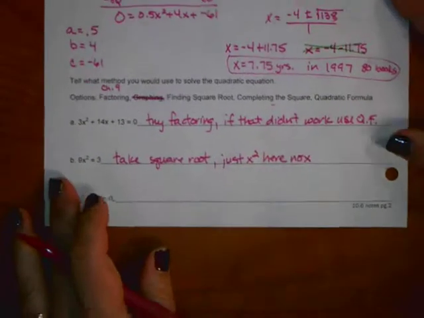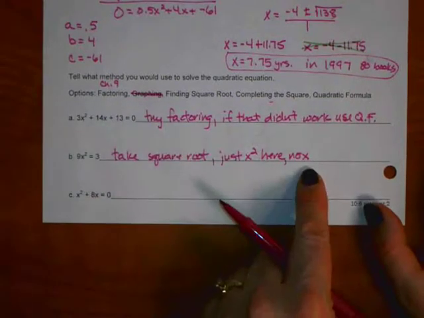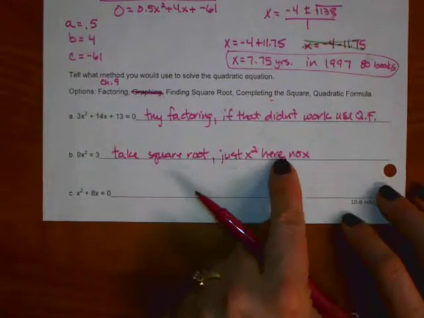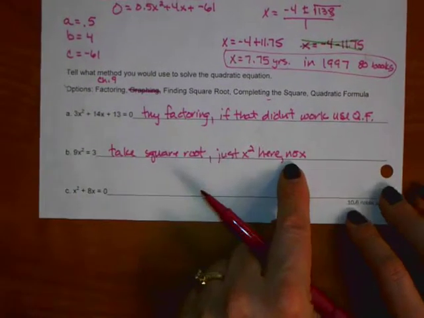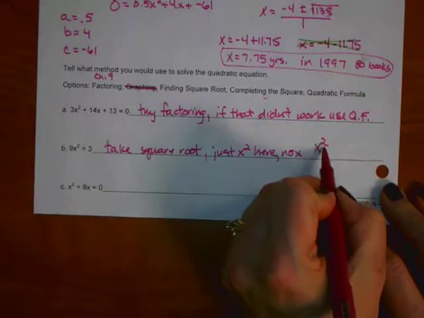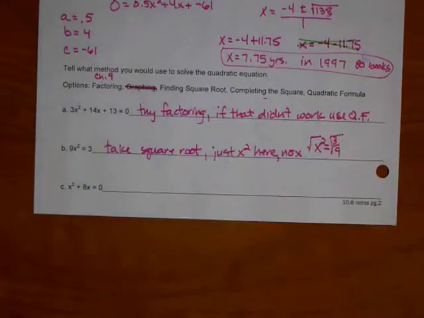So it would look like this. I'm not going to do the whole thing. I'm going to divide both sides by 9. I get this, and then I can just take the square root of both sides. You're done.